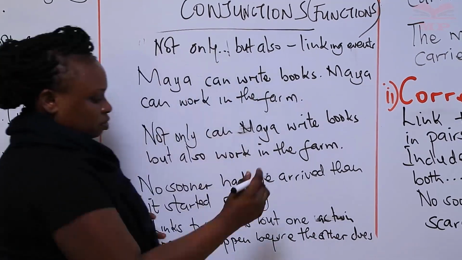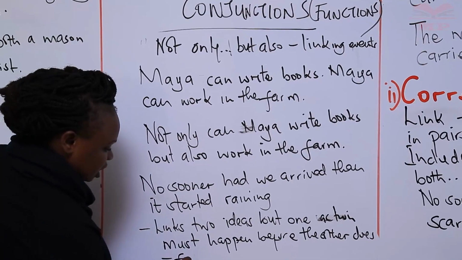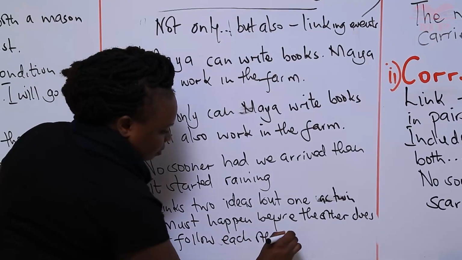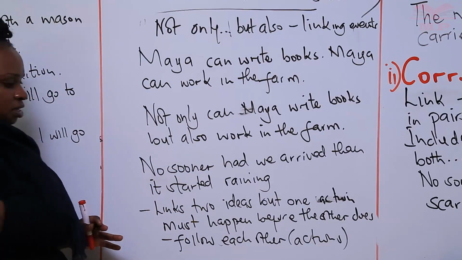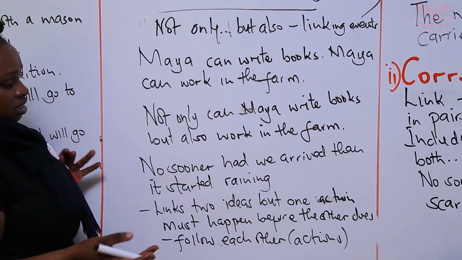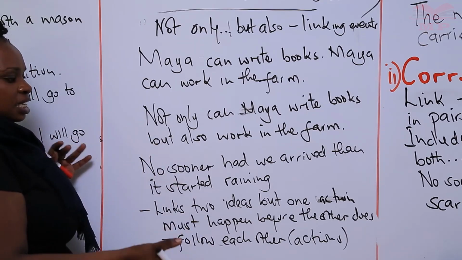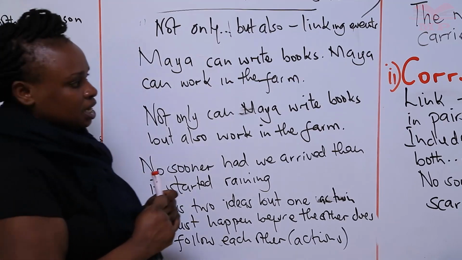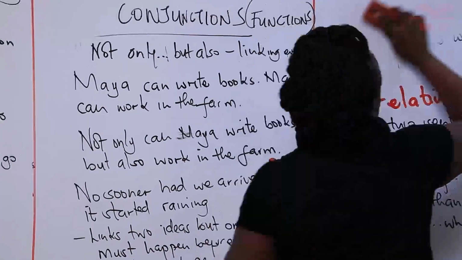Okay, so the two actions must follow each other. So when you're given this in the exam and you're asked to join, it's just linking ideas again, but now one action must happen before the other. Okay, now we have the last one.